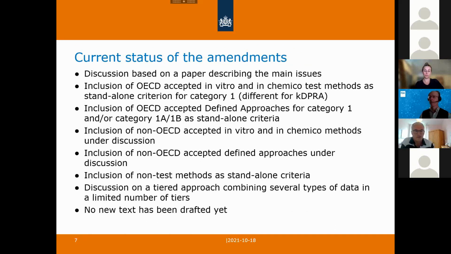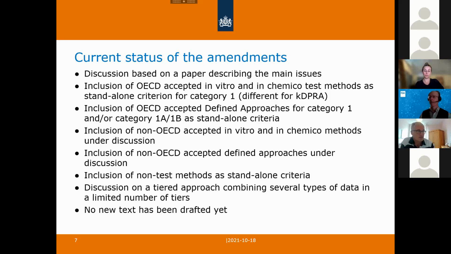So what is the current status of those discussions? We started with a paper developed by JRC describing the main issues, and it was inclusion of OECD accepted in vitro and in chemico methods that could be used as standalone for category 1, meaning not for no classification.